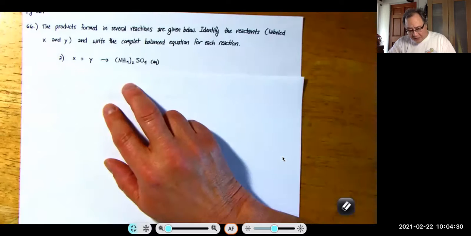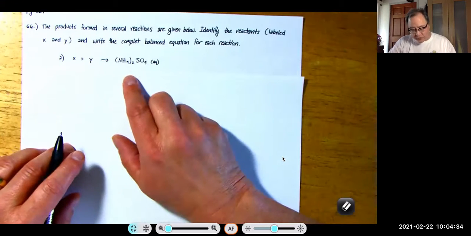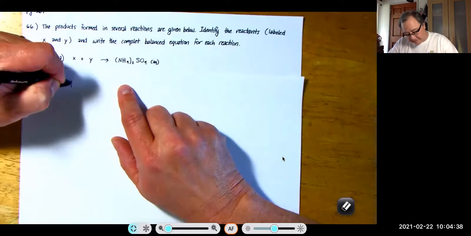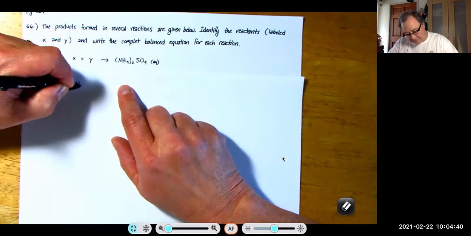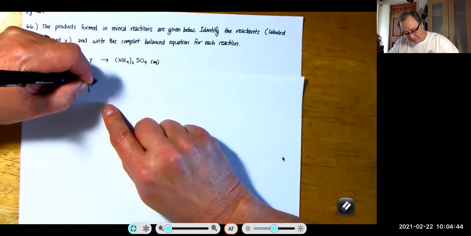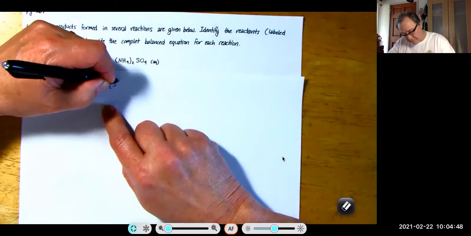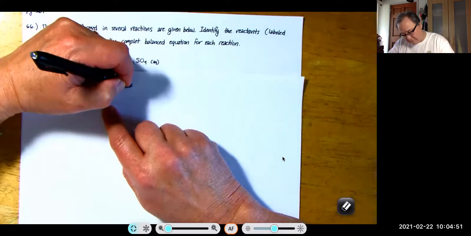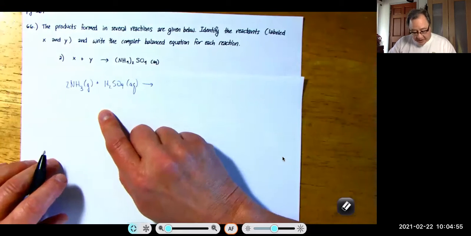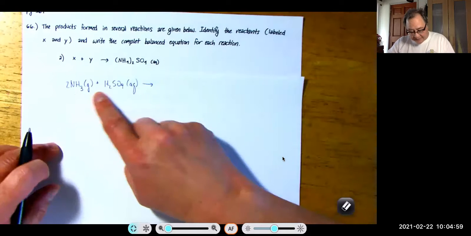So about the only way I know that this can happen is that you have some sort of an acid base type of reaction like this. Okay, so this is an acid base reaction where this is the base and this is the acid.